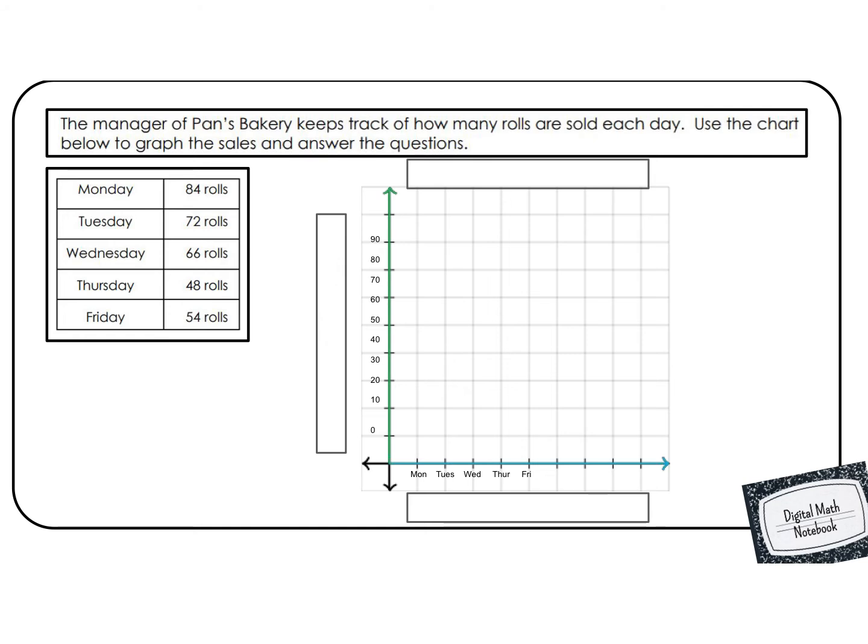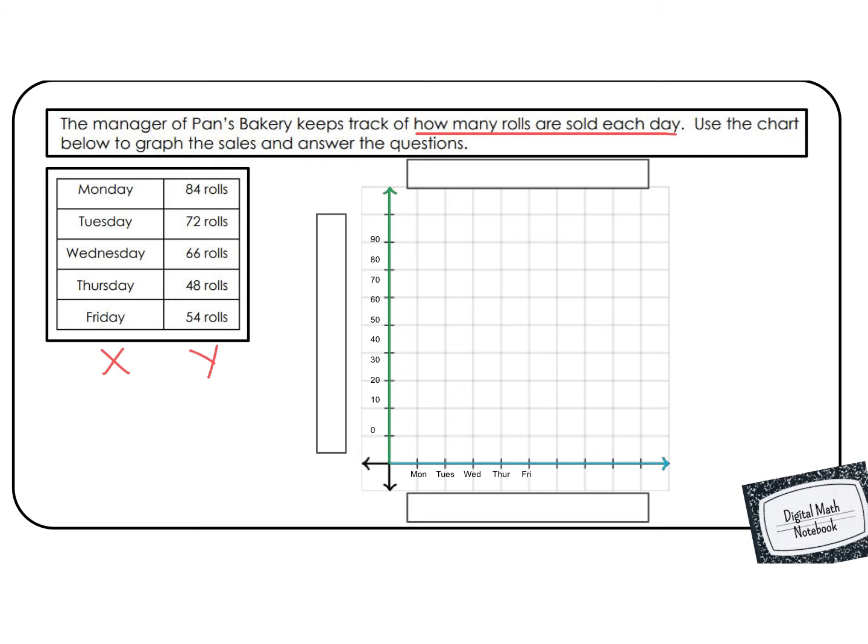So let's go back and look here. Our graph is going to tell us how many rolls are sold each day. And if we look over here, our days are going to be our X value, and our number of rolls is going to be our Y value. So let's label some things before we start graphing.